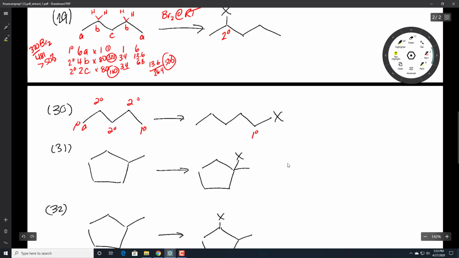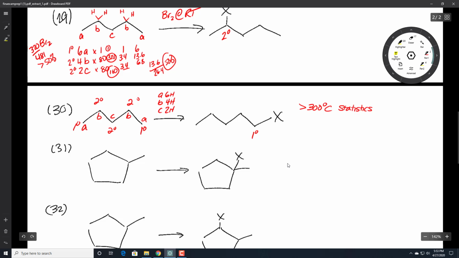So again, this was A, B, C, B, and A. If I want the highest percentage of halogen at the primary position, I need to use greater than 300 degrees Celsius for this reaction, because I want the reaction to go totally based on statistics. And so again, A, 6 hydrogens, B, 4 hydrogens, C, 2 hydrogens.